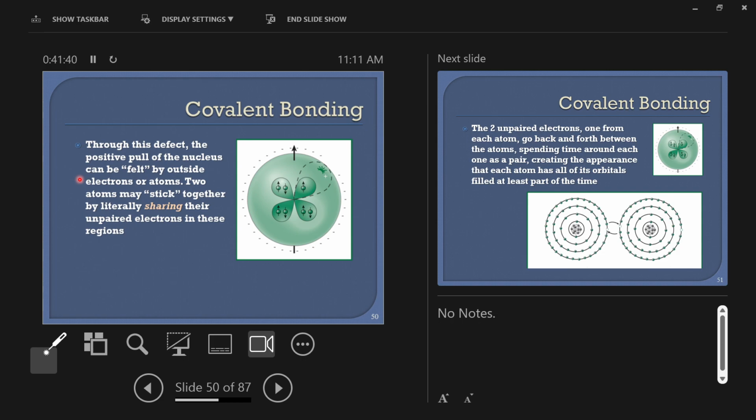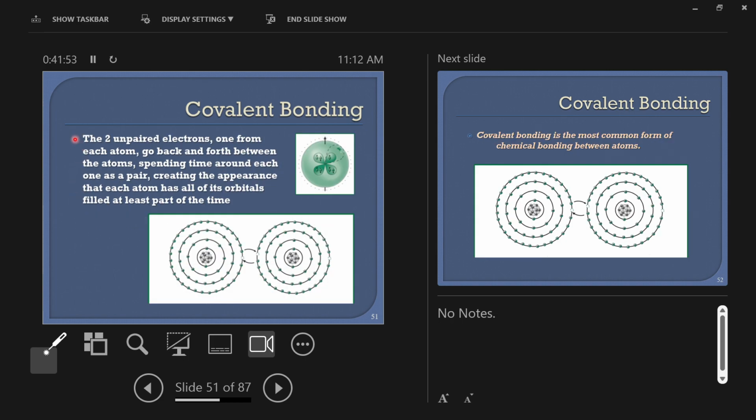The two atoms may now stick together and share their unpaired electrons. This is covalent bonding. These two unpaired electrons will spend time around each atom. They will go back and forth between atoms, spending time around each, creating the appearance, for all intents and purposes, that each atom is full, but they're only full because they're borrowing each other's electrons to fill up.